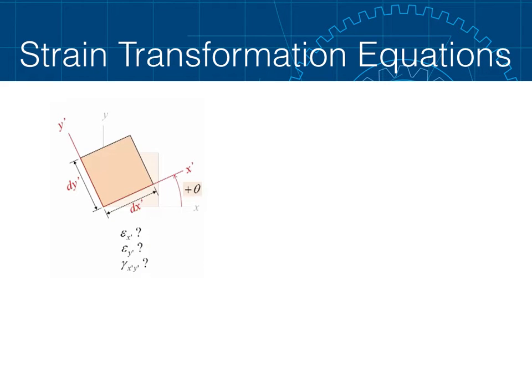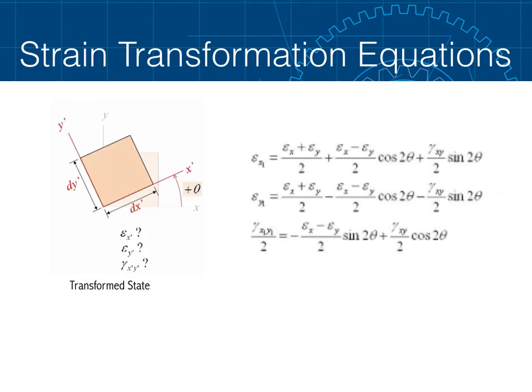Now, let's look at this transformed state and figure out what the strain in the x, the strain in the y, and the shear strain is in this new deformed state. Using trigonometry and equations of equilibrium, one can derive the strain transformation equations.